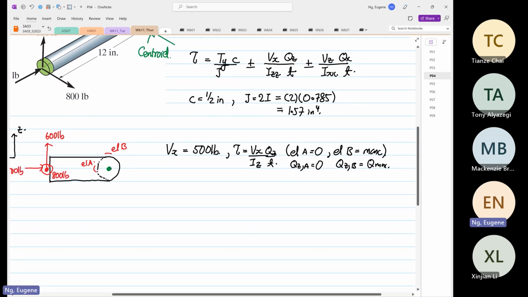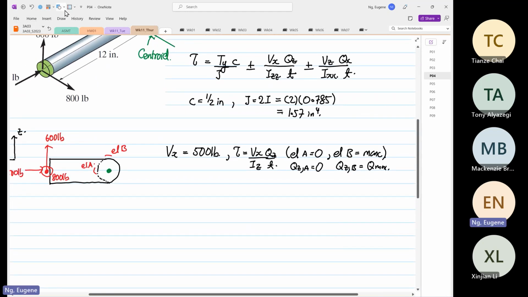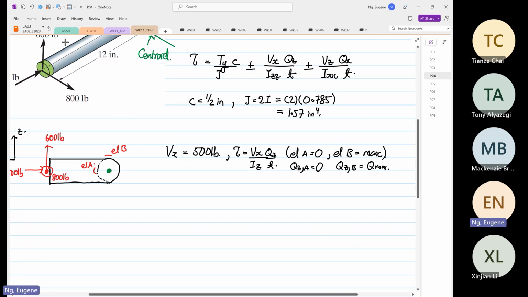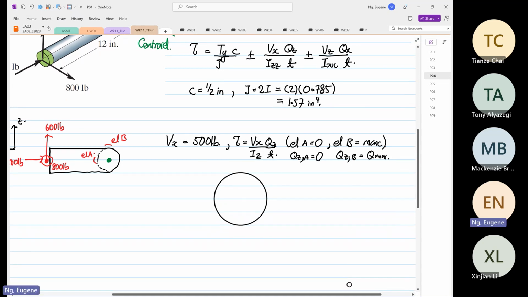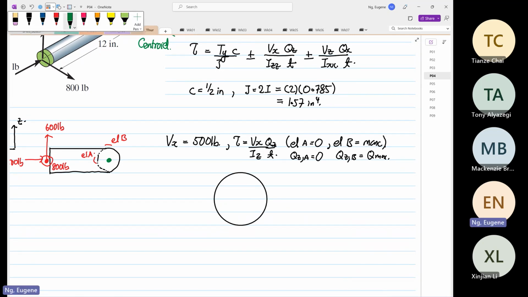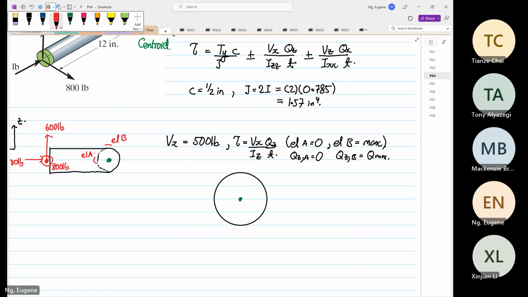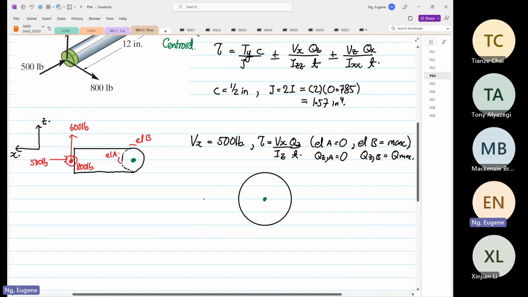So if I were to draw the shaft now, this is where the centroid is, and this is where our 500 pounds will act.